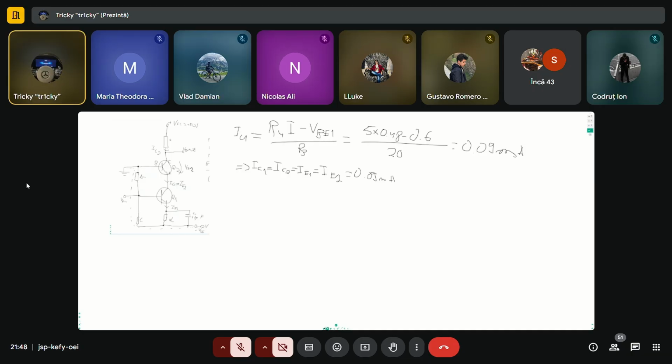So yeah, we could take this path. This is the trickiest part about these circuits: you have to find the optimal path to get your calculations right.